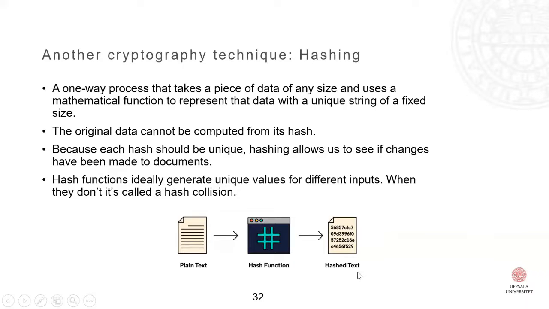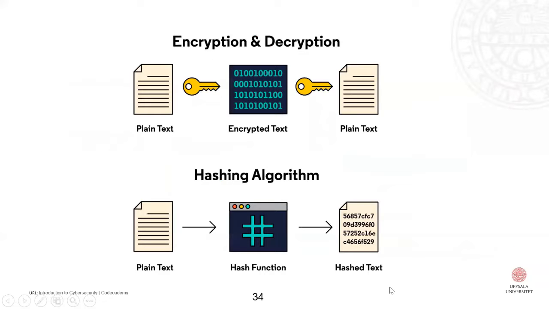When this value can have just a few cases, it is very probable that different messages can have the same hash text. In this case, it is said that we have collisions. Collisions are bad for hash functions, because we desire that they have unique values for different plain texts.